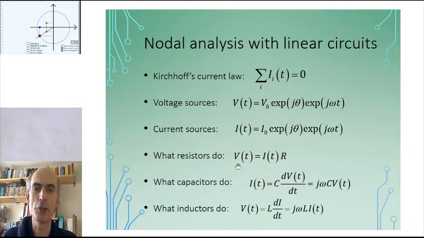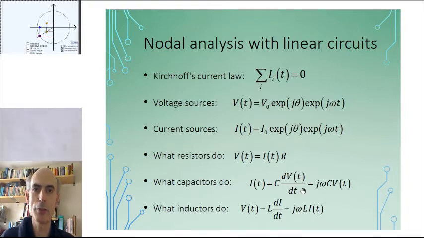The real usefulness of cisoids starts to become apparent when we consider capacitors and inductors. Because for a capacitor we have this formula. The current is equal to the capacitance times the rate of change of the voltage. And that useful property of the cisoid comes into play here.